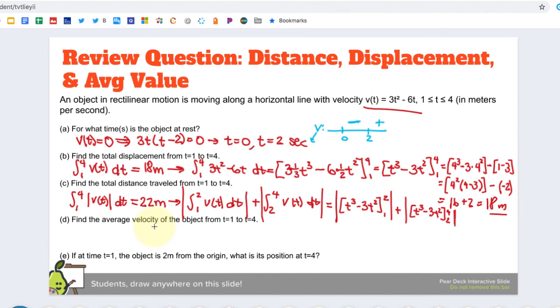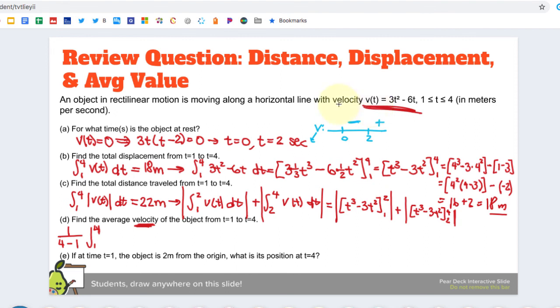Now, average velocity, they want the average velocity, and they give you the velocity function. So that is the average value. So that would be 1 over b minus a integral from 1 to 4. The reason that we know that we're doing the average value is just because the velocity function is given to you.